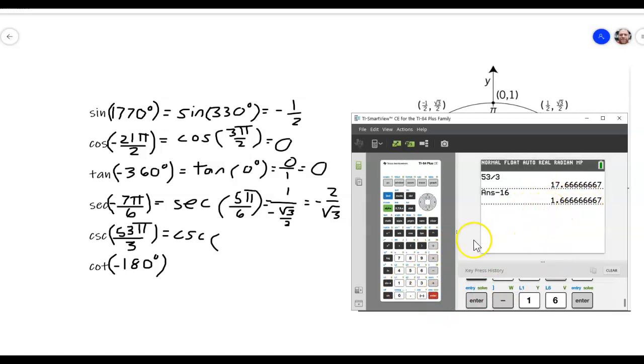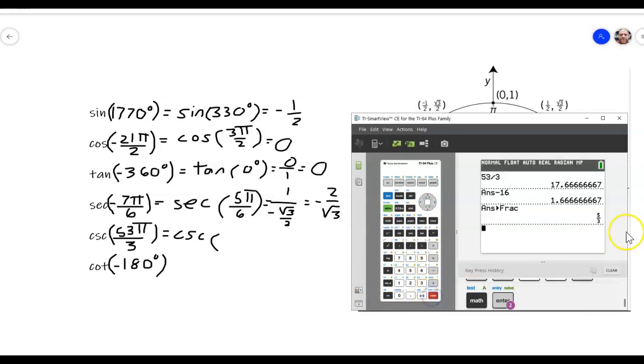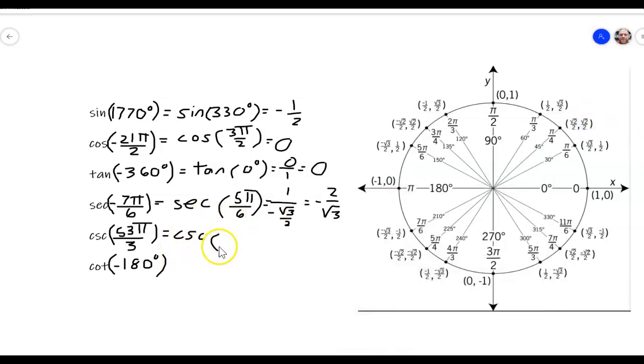That's between 0 and 2. Math fraction. Change that back into a fraction. So that's equal to 5 over 3. So this is 5 pi over 3.